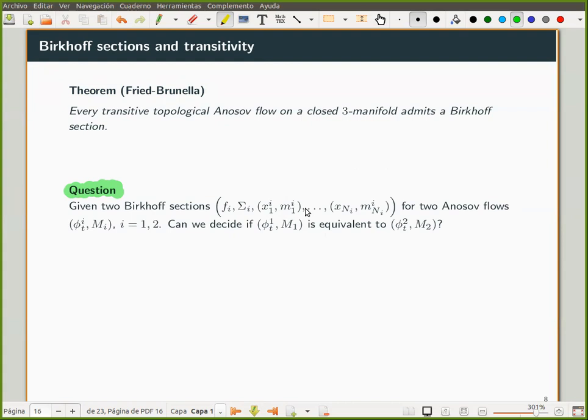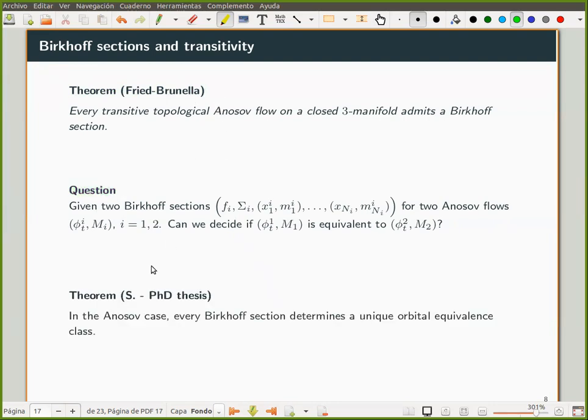Well, maybe the first problem that we have to address is the result given in this theorem. In the case of Anosov flows, every Birkhoff section determines a unique orbital equivalence class.